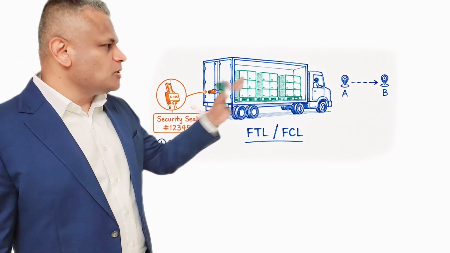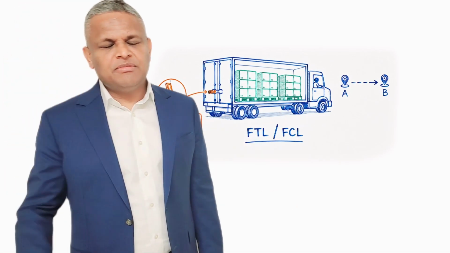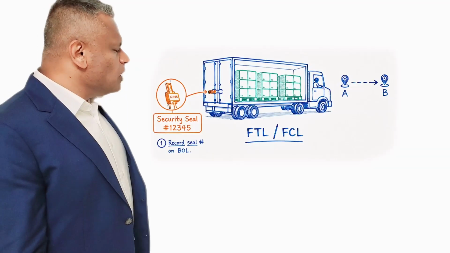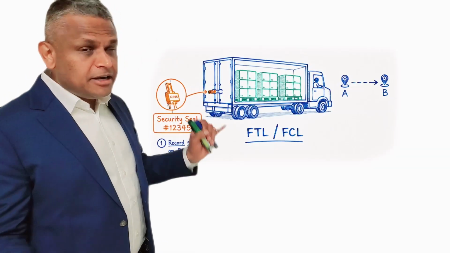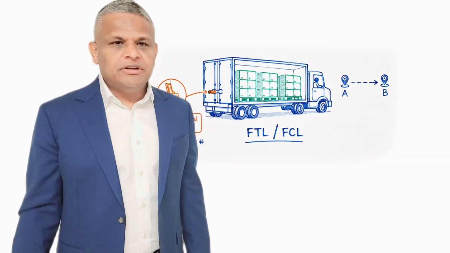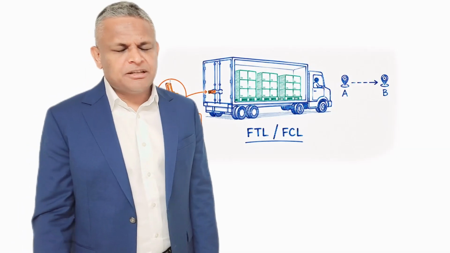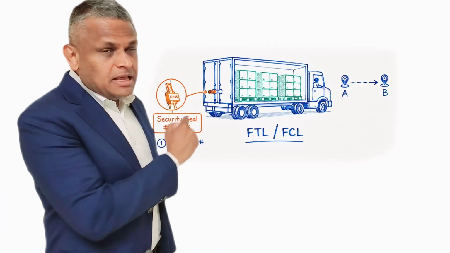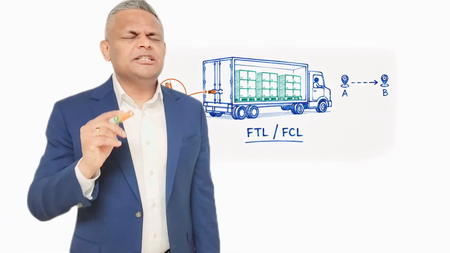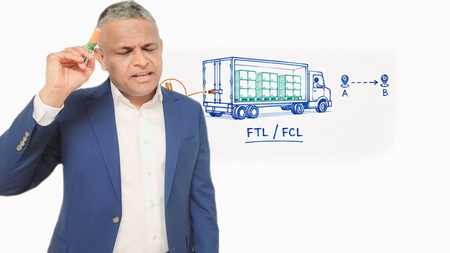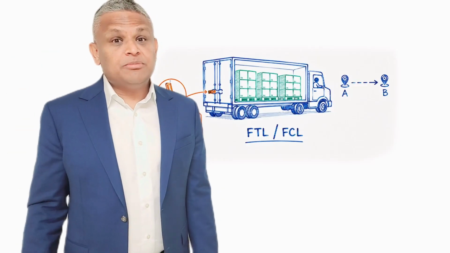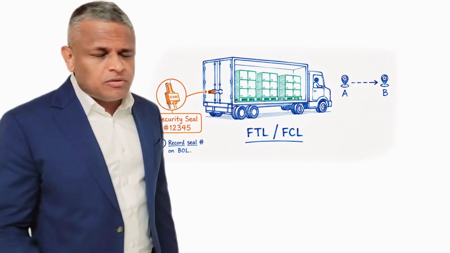If you have an FTL truck that's going from point A to point B, Atlanta to Memphis, Tennessee, and your customer is complaining, hey, we didn't get all the product, there is always something missing, then you can apply a seal, write down that seal number in the bill of lading, and give it to your customer. Also, obviously use LoadProof to document everything.